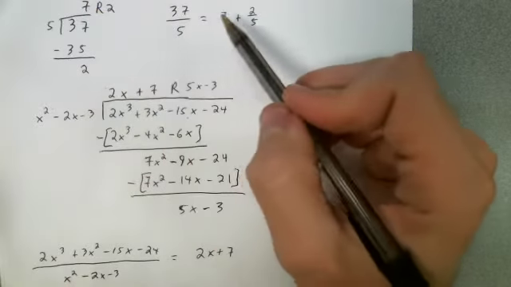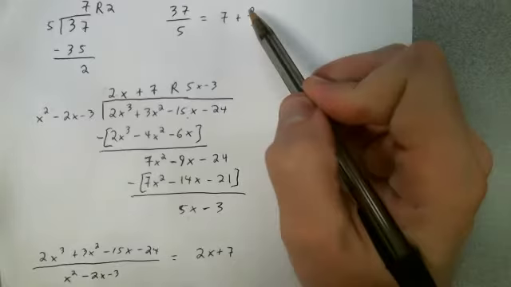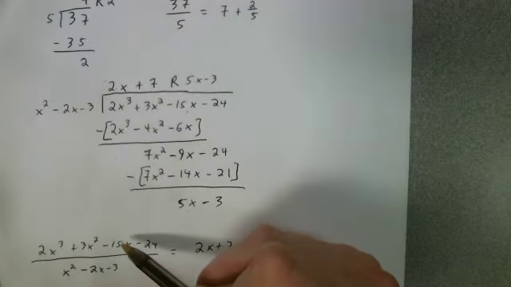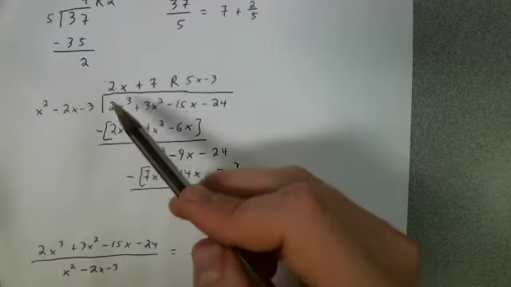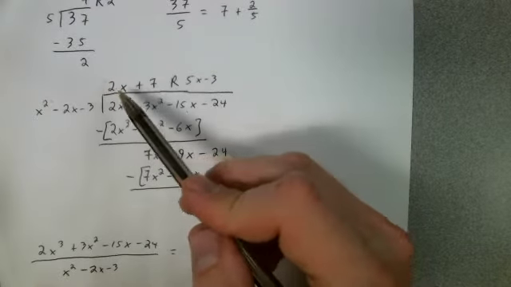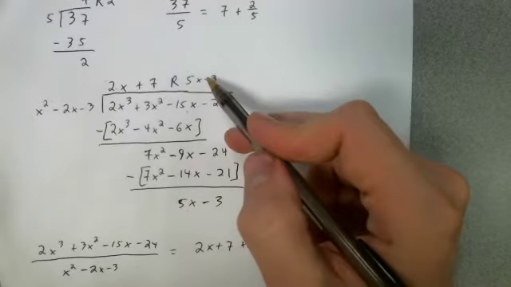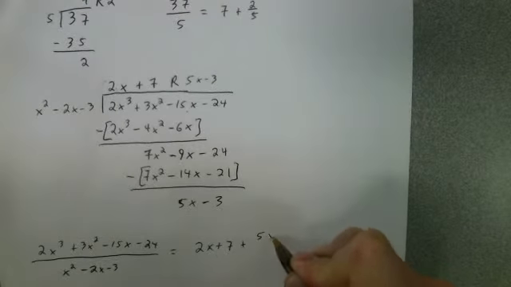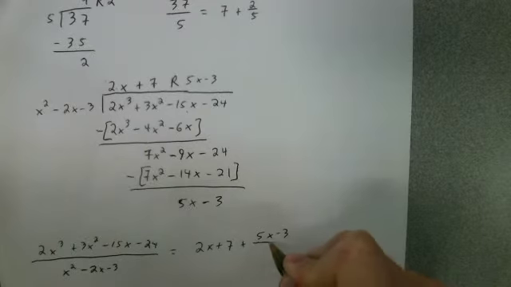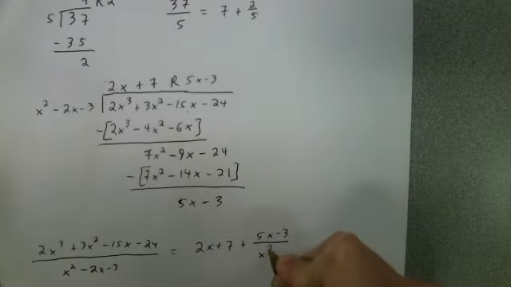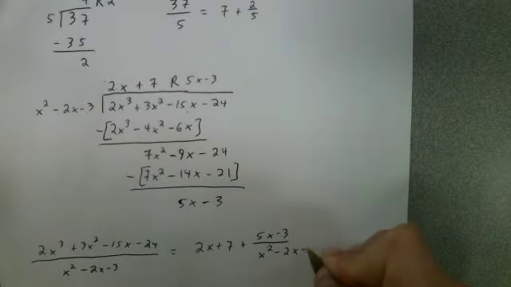So the 7 went here, the remainder of 2 went here, the 5 went here. Well, we got the same thing going on. This divided by this gave us 2x plus 7, but now we have a remainder. We have a remainder of 5x minus 3. And the thing we're dividing by, our divisor, is x squared minus 2x minus 3.